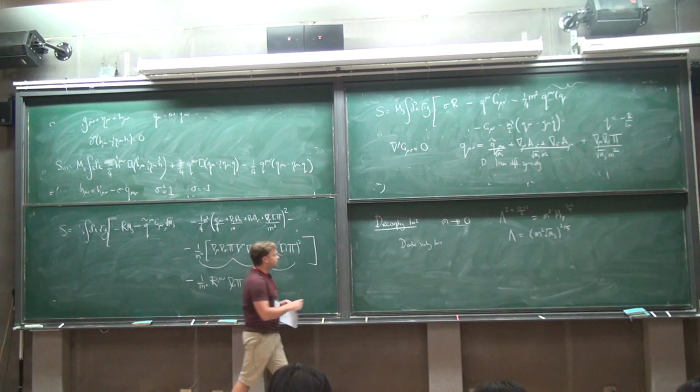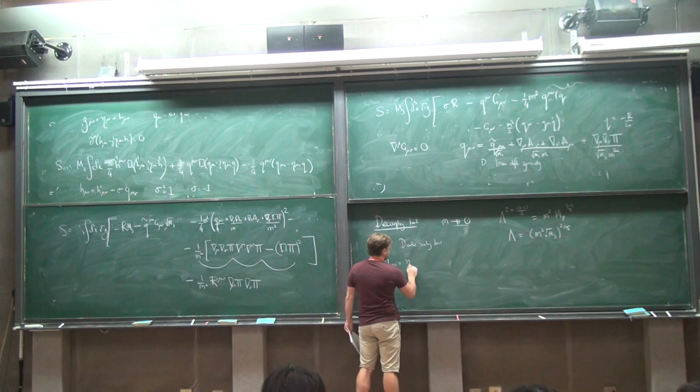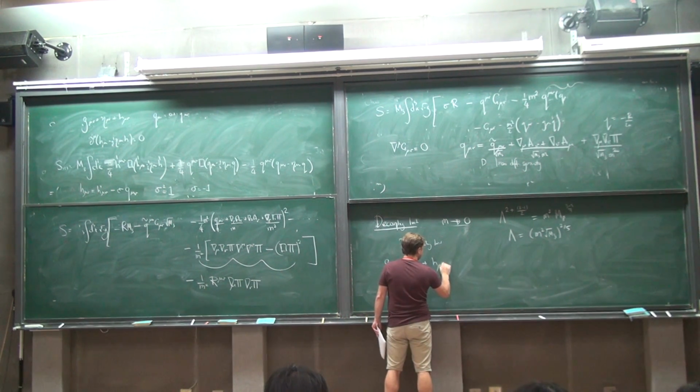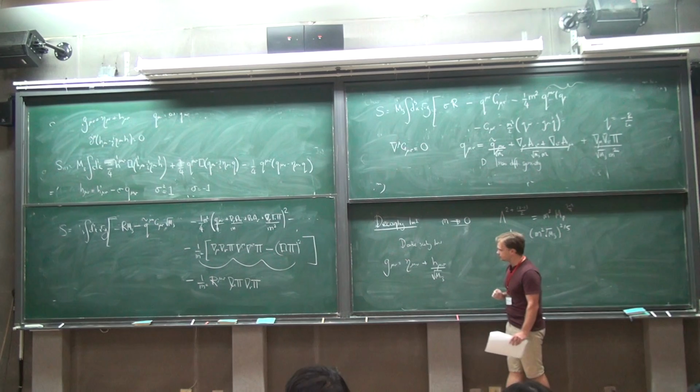So in that limit, what we're going to do is take the metric g mu nu and write it as eta mu nu plus h mu nu over the square root of m3. That's the canonical normalization for the metric perturbation.